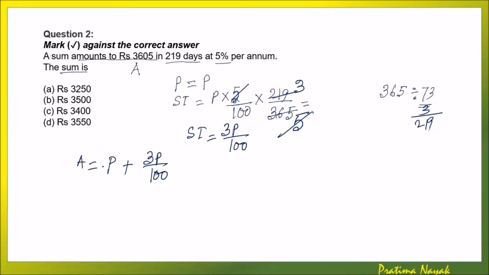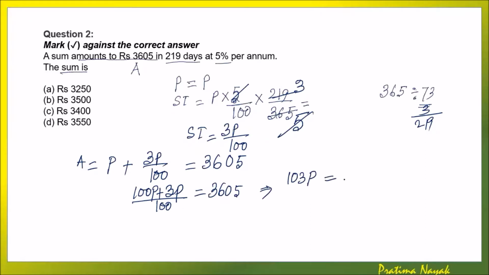According to the question, the amount is 3605. So if we simplify, 100P plus 3P by 100 is equal to 3605, or 103P by 100 is equal to 3605. I can multiply by 100, so 103P is 360500.